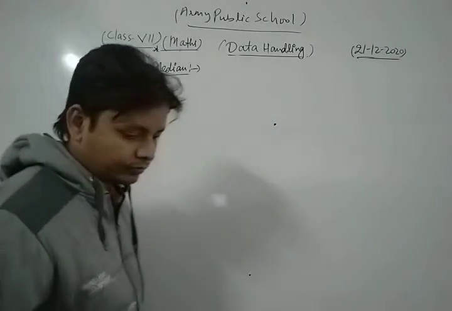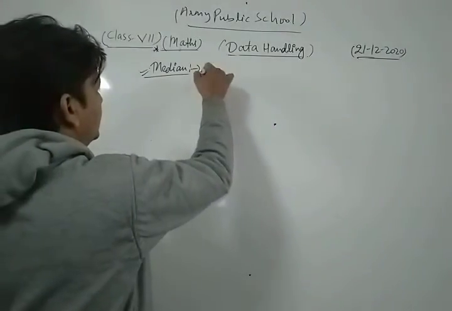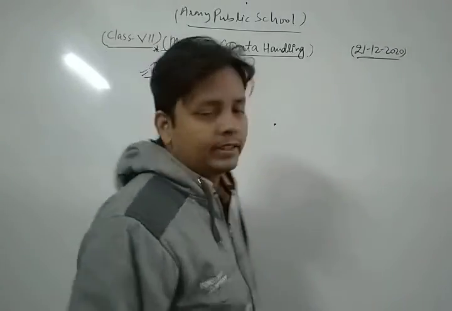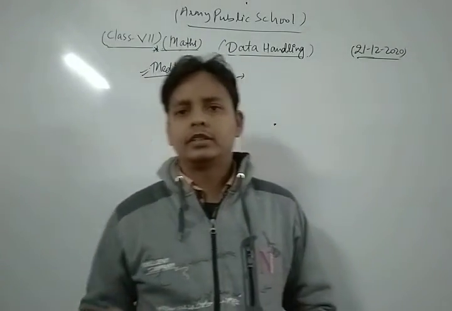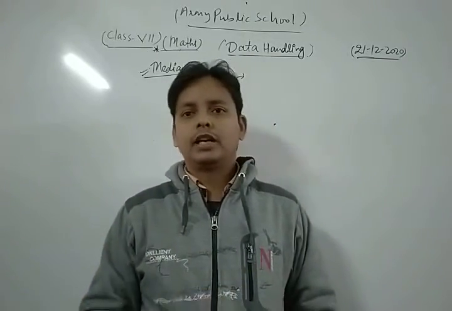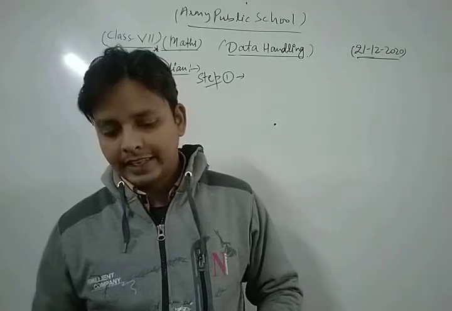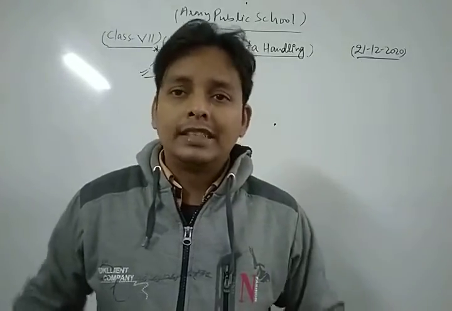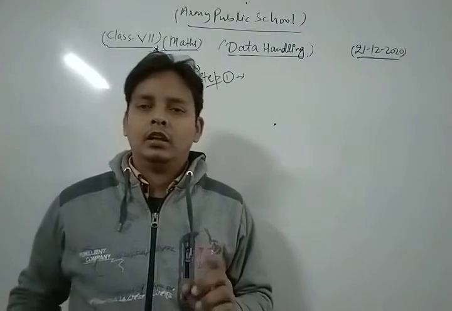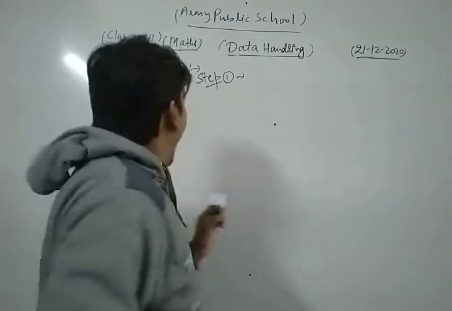Dear students, in order to find the median of any set of observations, first of all you apply these steps. In the first step, you write the given set of observations in ascending or descending order.